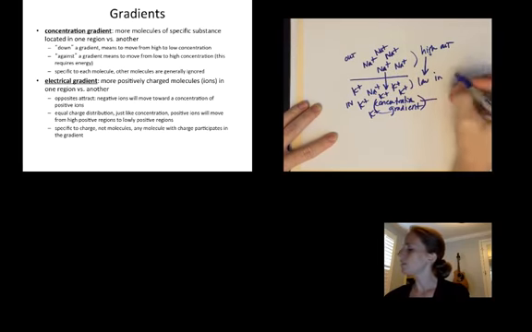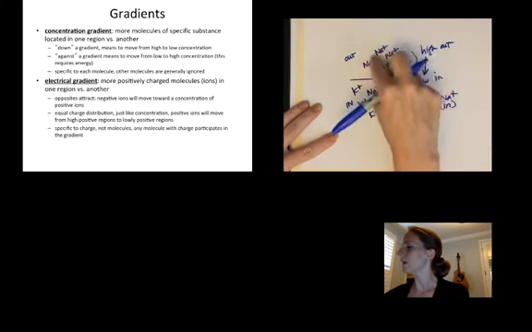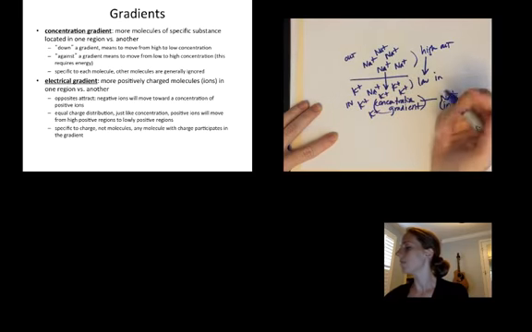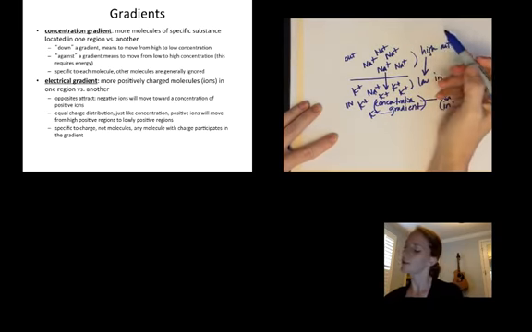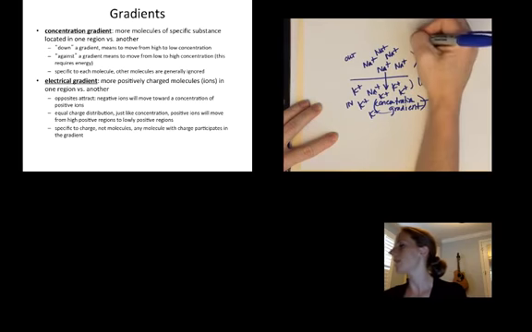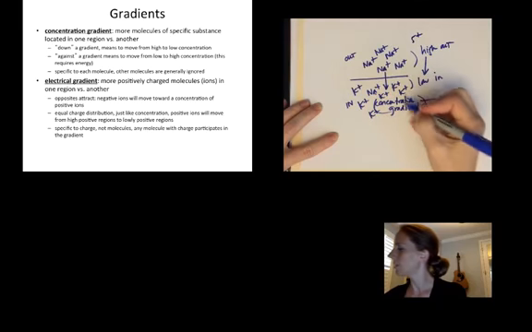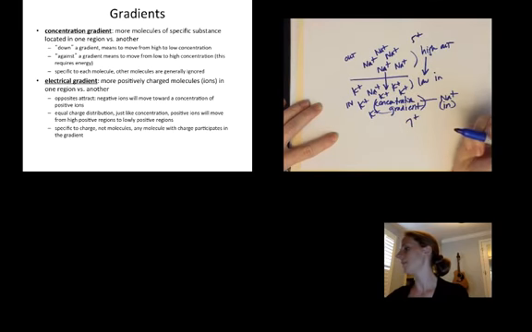So we had a concentration gradient for sodium to move in the cell. Now, for electrical gradient, we want to look at the charge of the molecules, and we want to count the charges. So let's count outside. 1, 2, 3, 4, 5 positives outside. 1, 2, 3, 4, 5, 6, 7 positives inside.